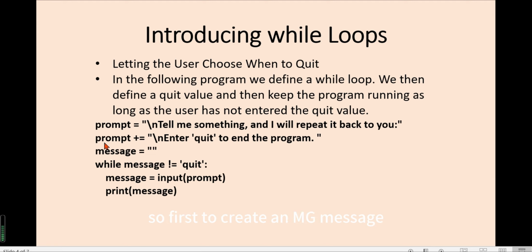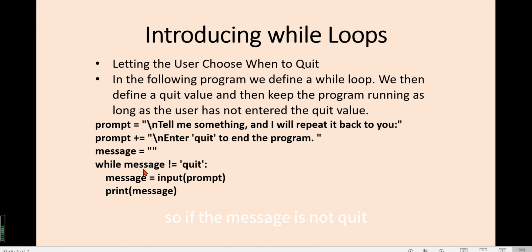So first, create an empty message, then we'll start the while loop to compare whether message is not equal to quit. If it is true, then the message will be assigned the user input value, using the input function with the prompt we created here.